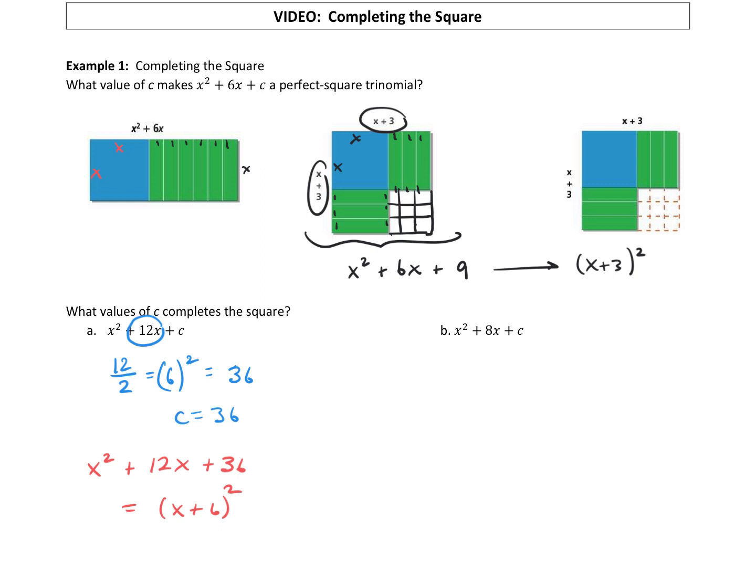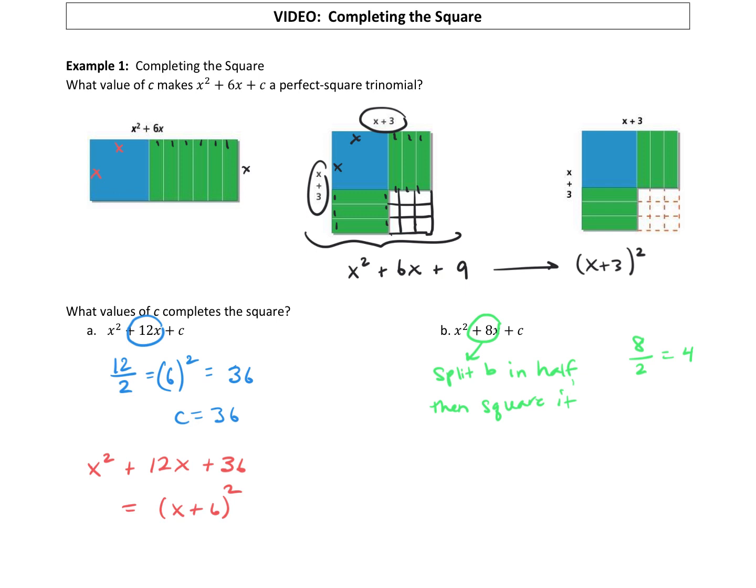So what we did is we took our b value and we split it in half. So split b in half. If we take that 8, we're going to divide it by 2. That gets us 4. Then we square it.